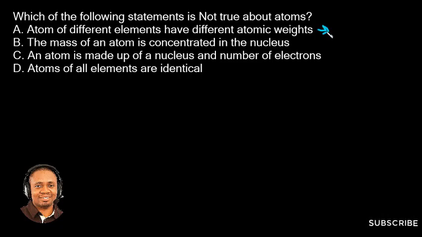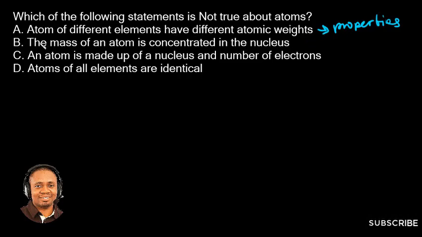Of course, each element has unique properties, in terms of different atomic numbers. So this will also affect the atomic weight, making it different from each other. So this is correct.